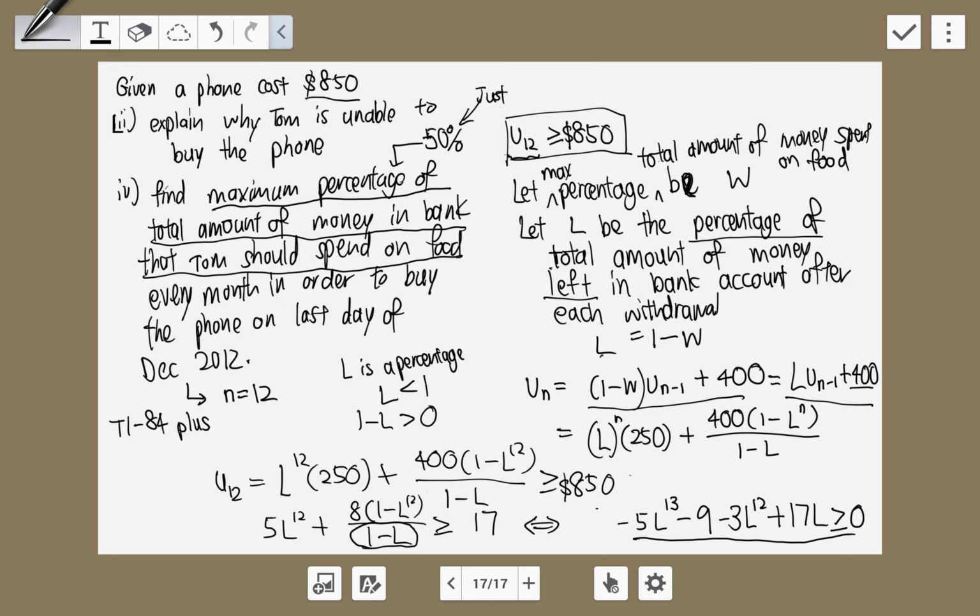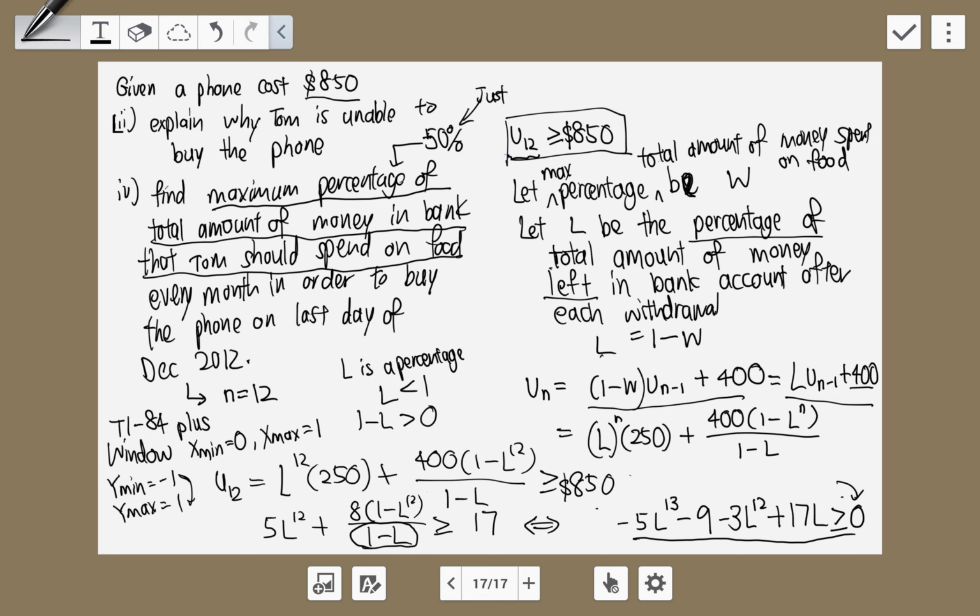For my window, since I expect the value of L to be between 0 and 1, my X min, I let it be 0, and X max, I let it be 1. And because the intersection point is going to be at y equals 0, I let the y minimum be minus 1 and my y maximum be 1, so that I can see the intersection point. And then you could adjust other values as well, it's up to you.